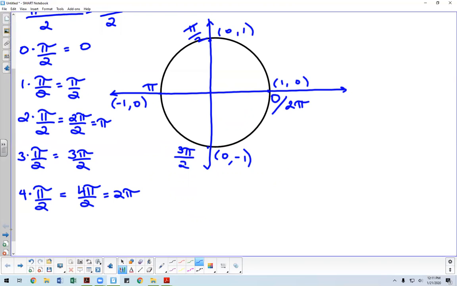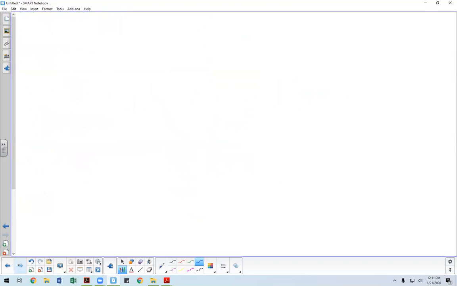Now, if I use that same idea, same calculation, but instead of breaking my circle into 4 equal parts, let's say we want to double that and break it up into 8 equal parts. So how can we translate this into breaking it up into 8 equal parts? And let me get us another circle here.